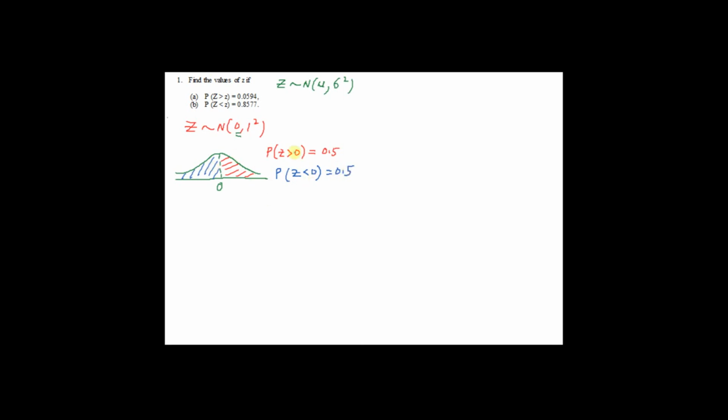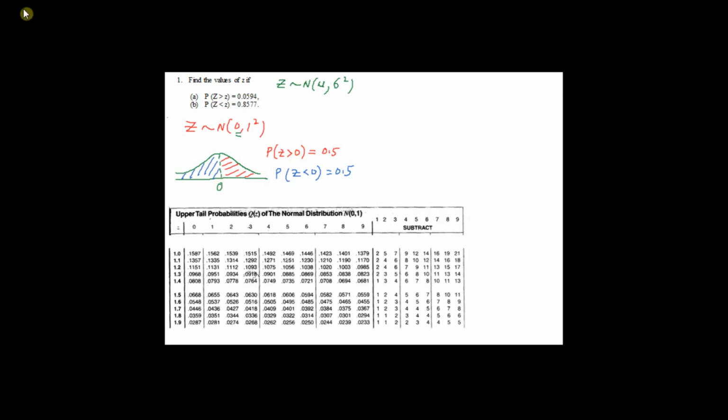This is the probability that is given on your table. I'm going to show you the table now, which is given in your exam. This is a part of the table that is given in the exam. Can you see here? This is the upper tail probability of the normal distribution 0, 1. This is a standard normal distribution.